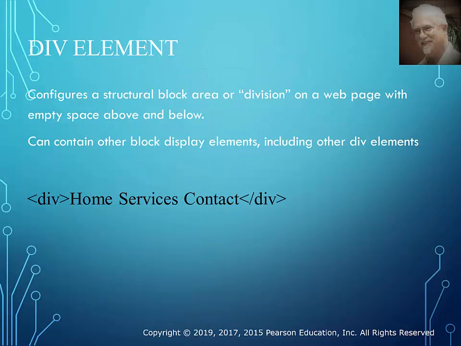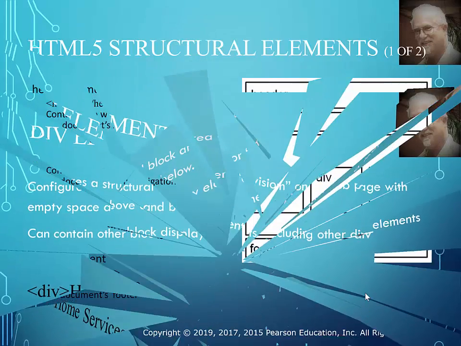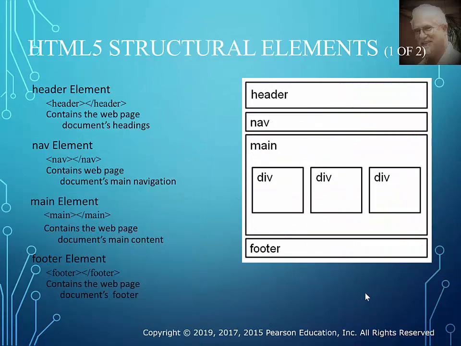Then you have the div element. Now the div element is really important. This allows you to put all kinds of things together, and you can control it. You can format it. It becomes like a single unit. Besides the div element, you can use things like the header, nav, main, and footer. These are structural elements that you'll use continuously in all your pages.